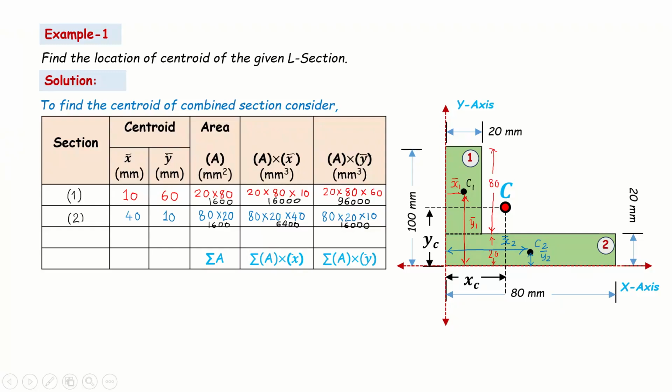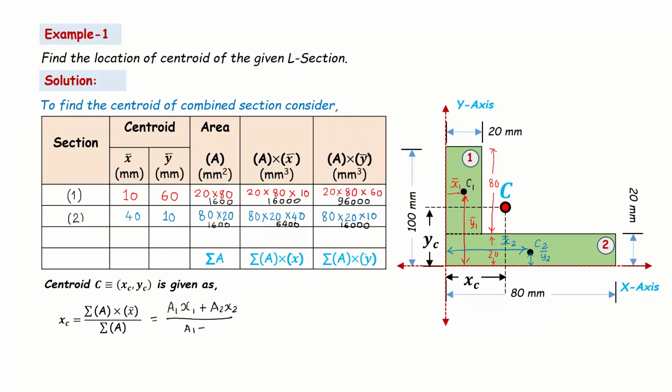So now what we have to do, friends, is find the centroid. For the centroid, we need xc and yc, that is the coordinates of the centroid. We know that xc is given by this particular expression: summation of area into x, that is a1 x1 plus a2 x2 divided by a1 plus a2.